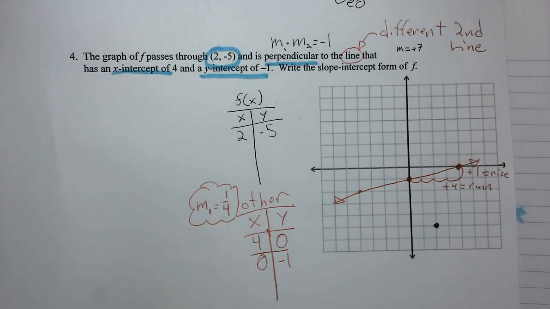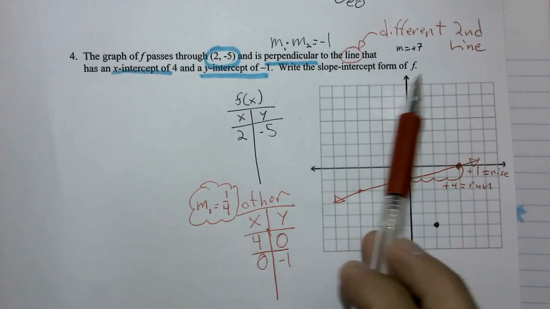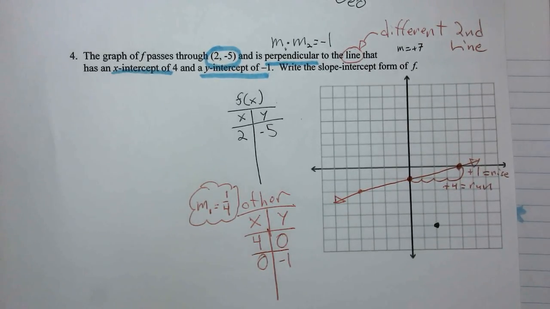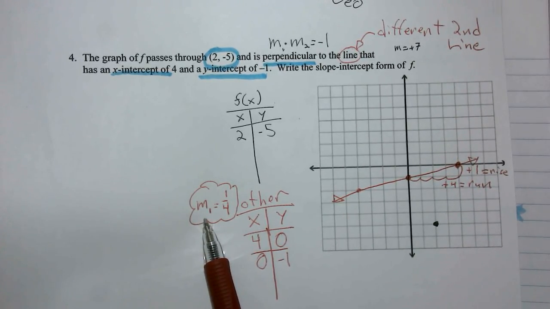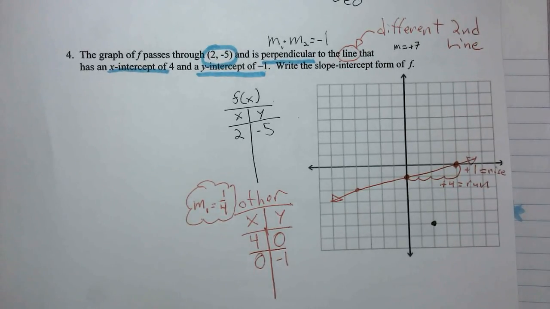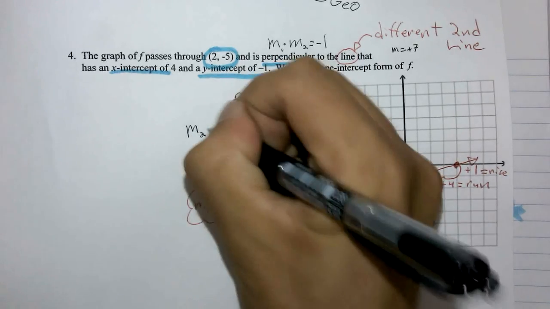Going back to the main objective, we're trying to find the graph in slope-intercept form, so the function f of x. And we still want to make sure that this runs perpendicular. Well, we know that if the slope for the other line is 1/4, we can definitely get a hold of that second slope. So we'll denote this as m2.